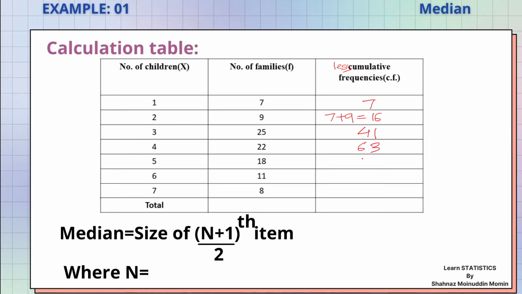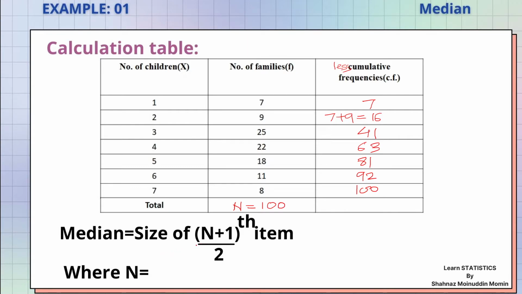Similarly, we can obtain the cumulative frequencies for the succeeding atoms: 63, 81, 92 and 100. Here the total number of families is 100. We have considered the data of 100 families.